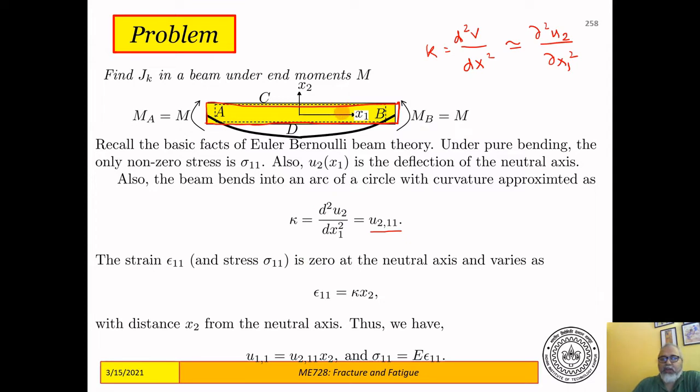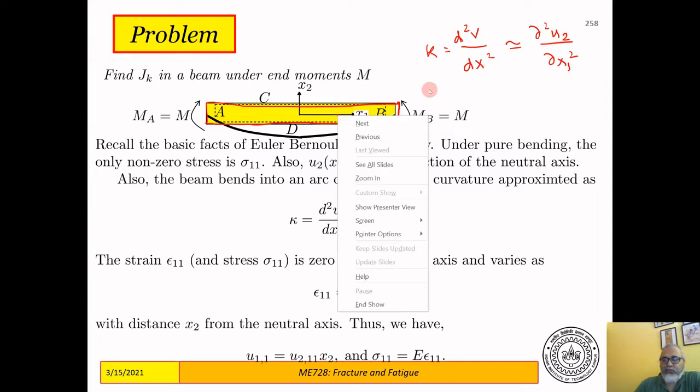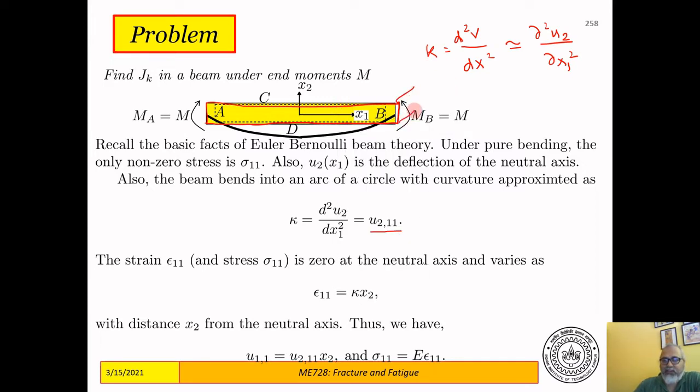We also assumed in Euler-Bernoulli beam theory that the strains are zero at the neutral axis. We assume that this beam has a rectangular cross section. So it is zero at the neutral axis and then increases linearly with x2 as you go up or down, and therefore epsilon 11 is kappa times x2. Epsilon 11 is u1 comma 1, so u1 comma 1 is kappa, which is u2 comma 11 into x2.